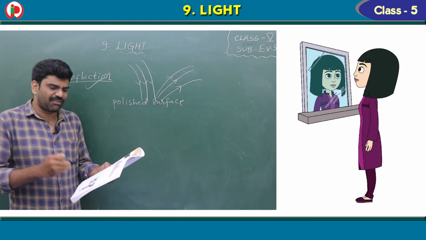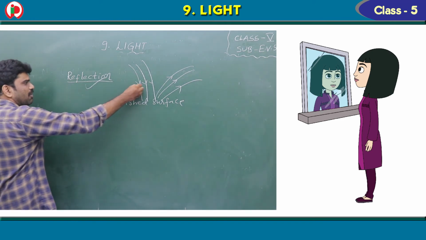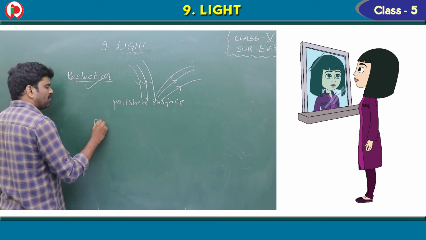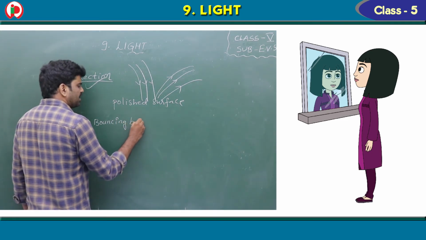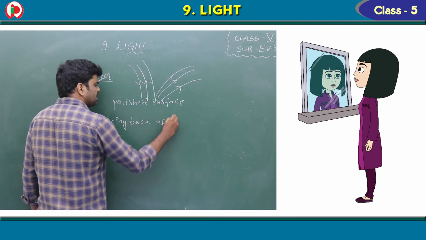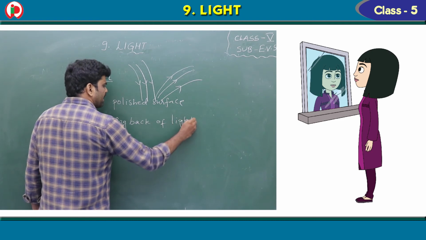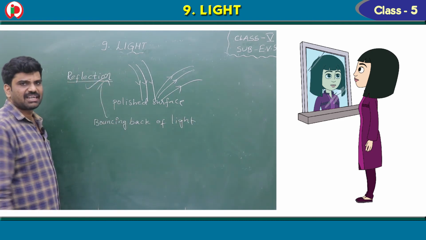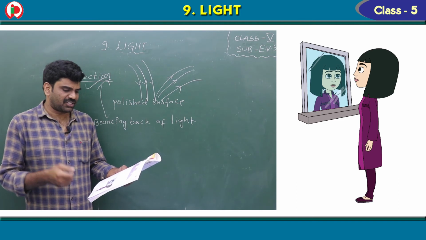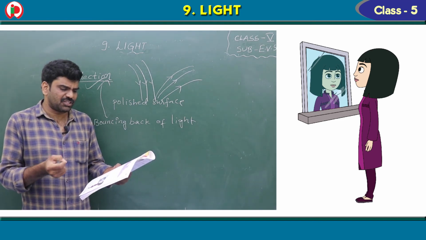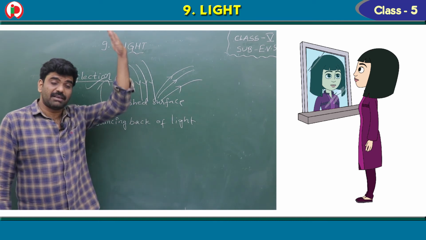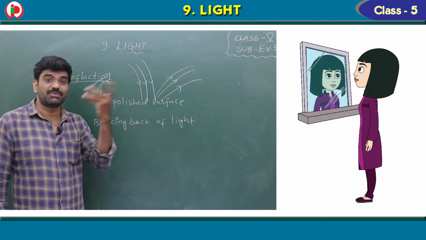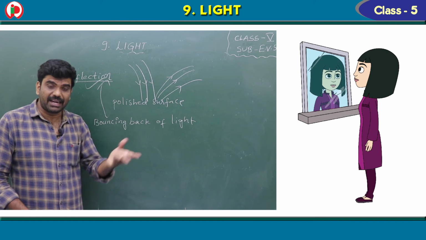This bouncing back of light is known as reflection. The more highly polished a surface is, the greater will be the reflection. So when a surface is highly polished, the reflection is very good.